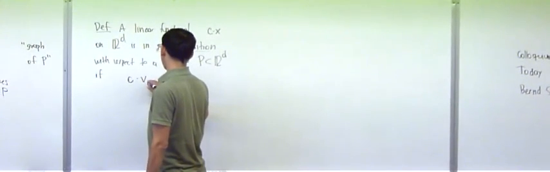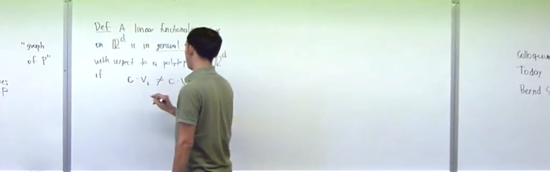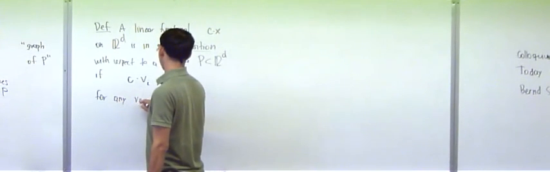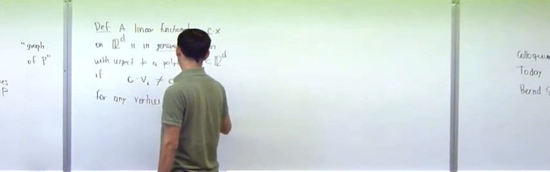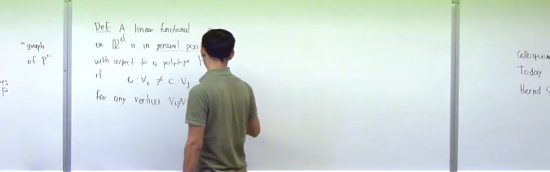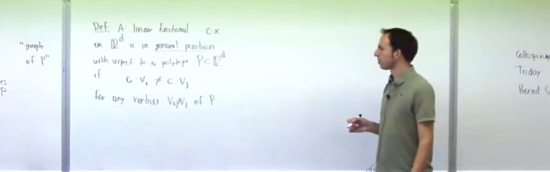So I want to say that c dot vi is different from c dot vj for any vertices vi and vj of P. Okay?